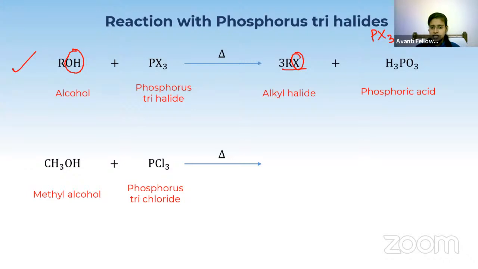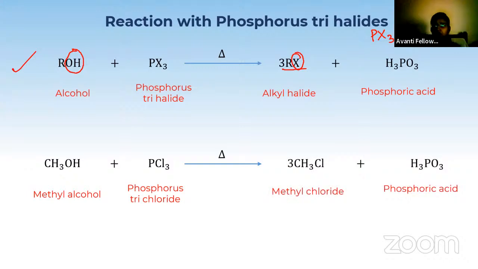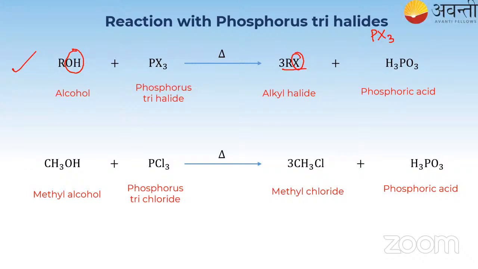Is it RCH3, my dear? No. H3PO3 is okay, but it is not RCH3. Just think once again. The R group is the CH3 group here. Yeah, very good. It is CH3Cl and H3PO3. Methyl chloride is formed. So this is the reaction with phosphorus trihalide.